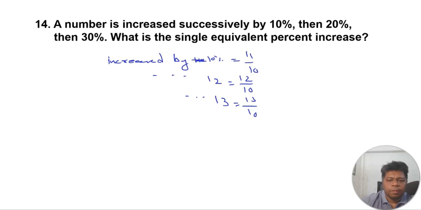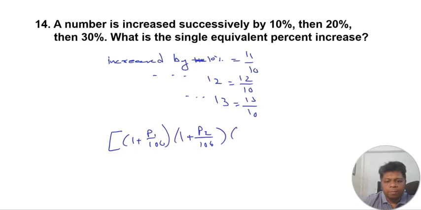If this is the case, remember the formula: as it is increased, it will be 1 plus P1 by 100, then 1 plus P2 by 100, and 1 plus P3 by 100, minus 1 into 100. Now if I put the values over here, it would become like this.